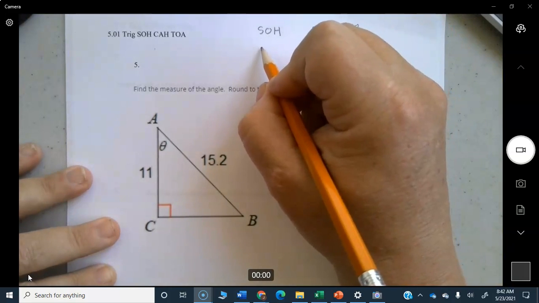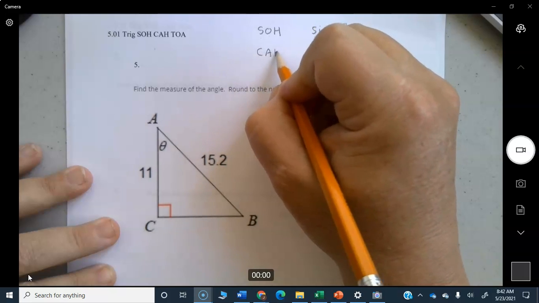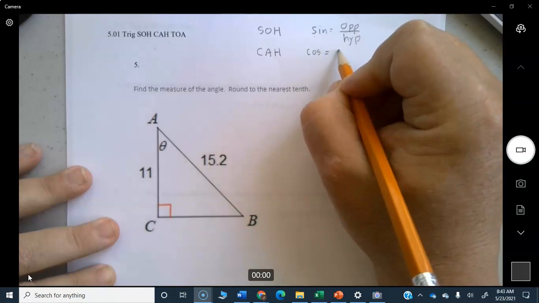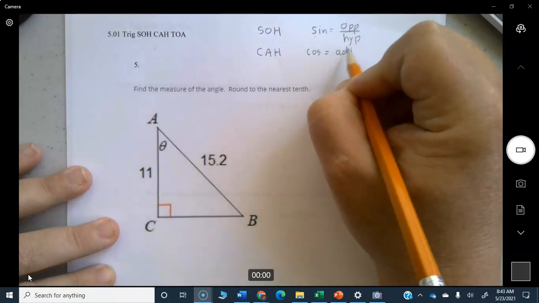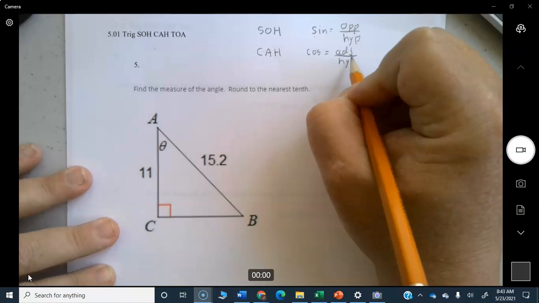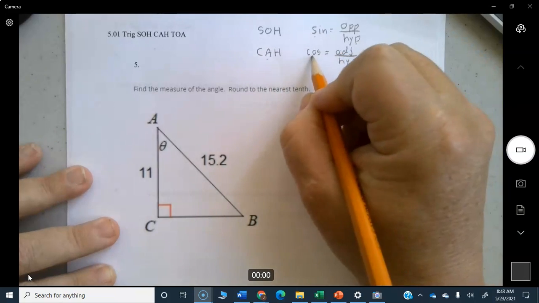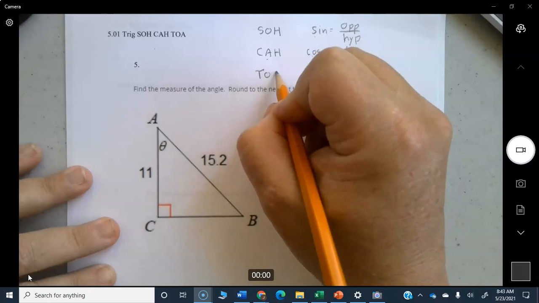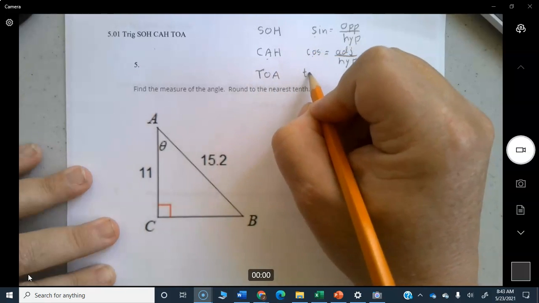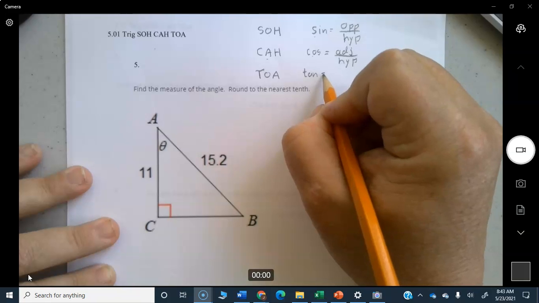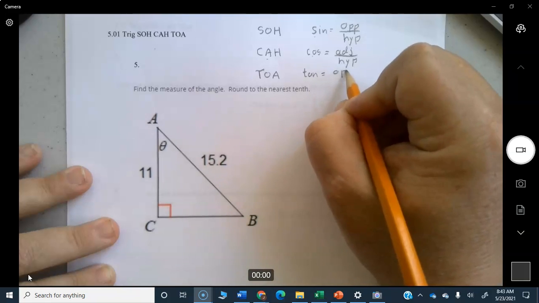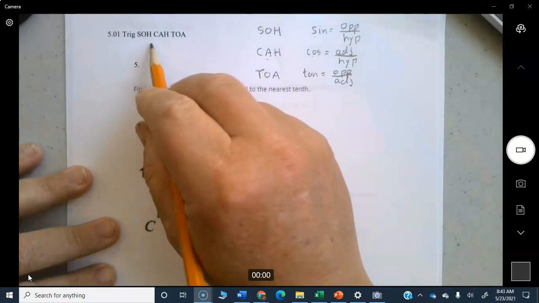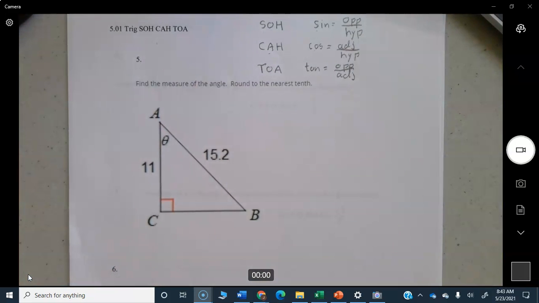The CAH is cosine equals adjacent over hypotenuse, C-A-H. And TOA is tangent is opposite over adjacent. So it's just a mnemonic to remember those relationships.